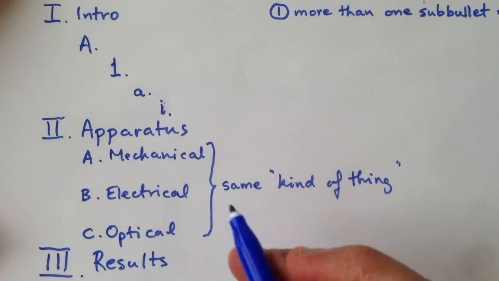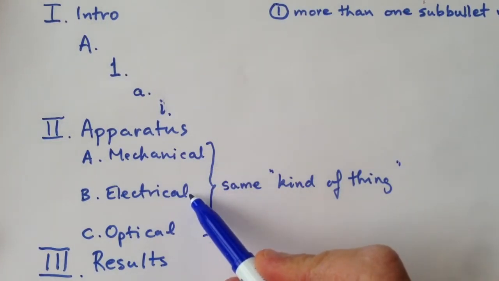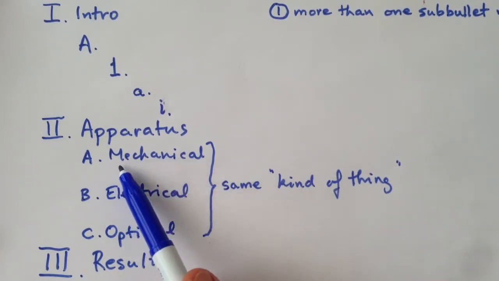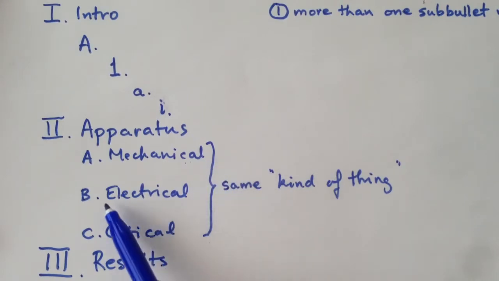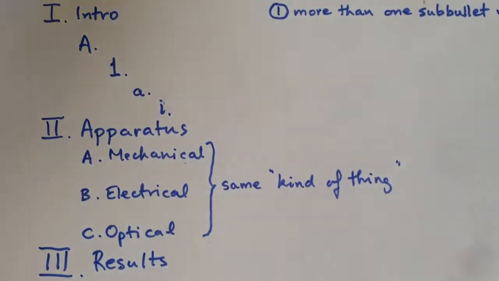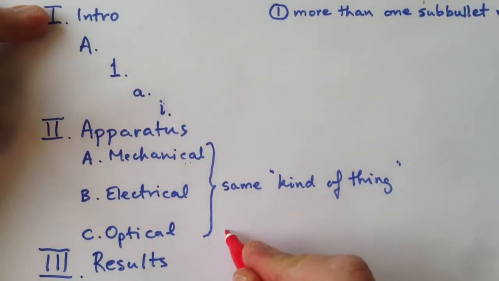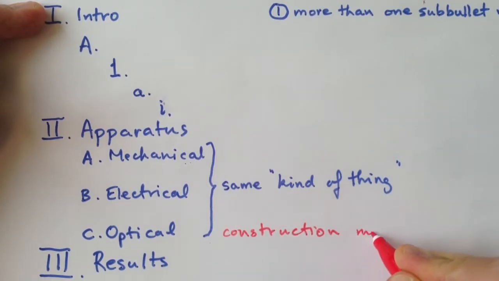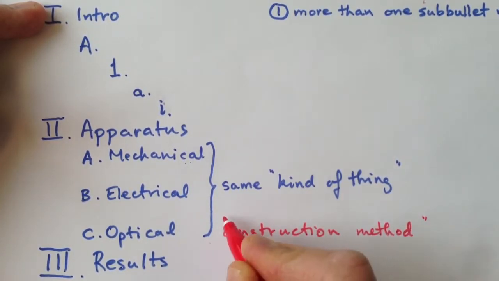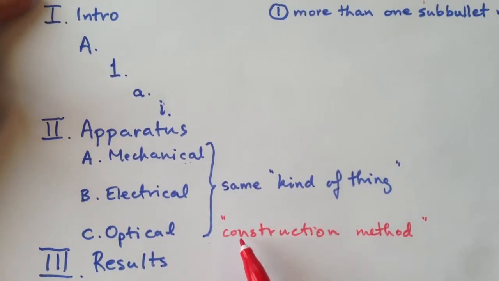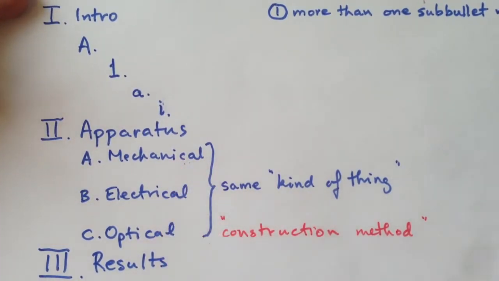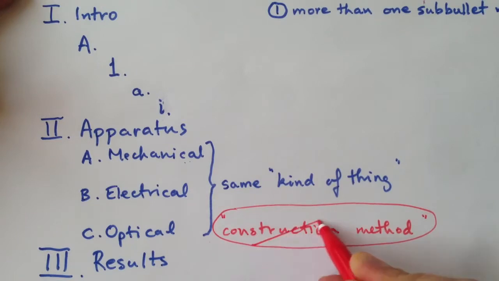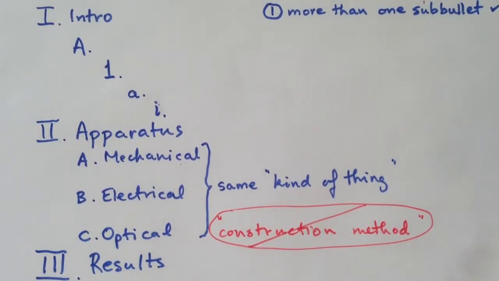You wouldn't want to do something like mechanical, electrical, and then construction method, okay? Because the mechanical apparatus is a portion of the apparatus, the electrical is a portion of the apparatus, but then construction method would be a different kind of thing. In fact, it's not really an apparatus at all, but that's not what I'm objecting to here. I'm objecting that it's not a subcategory of apparatus. All right, so this is not okay. So that would be the sort of second key rule.